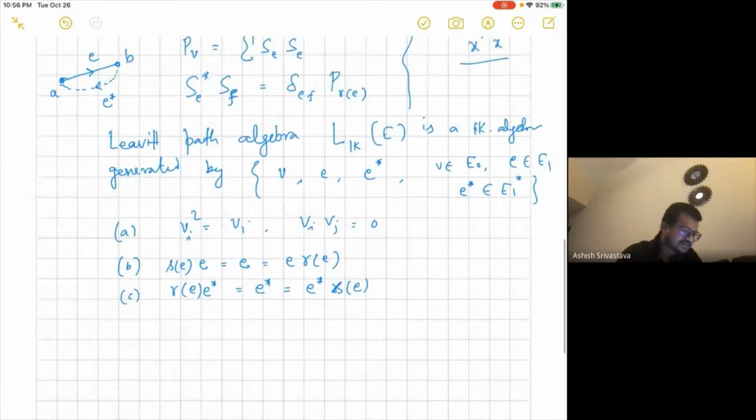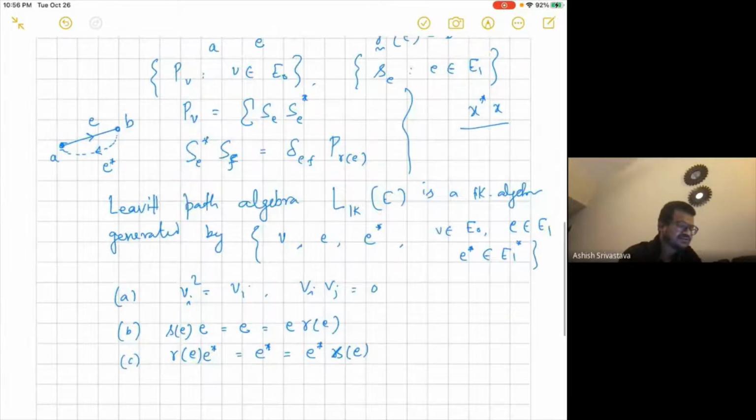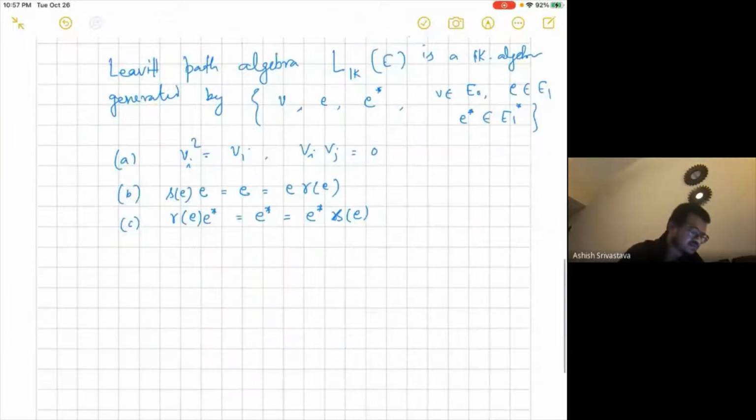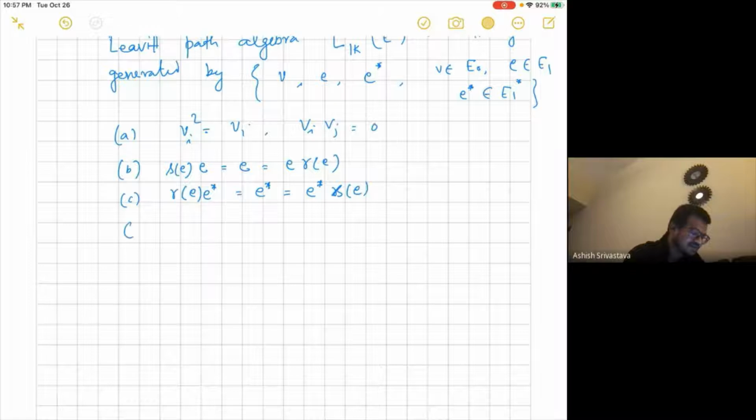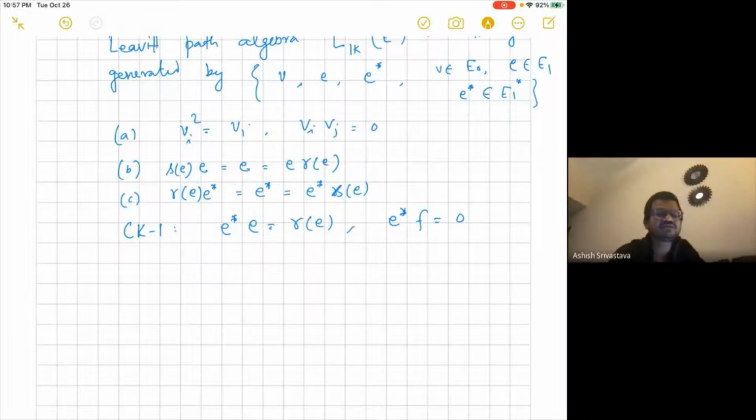Right. So these conditions, and then two conditions borrowed from the theory of graph C star algebras. We call them CK1, the Cuntz-Krieger 1 condition, which is: E star E is the range of E, and if you have E star F, then that is 0.